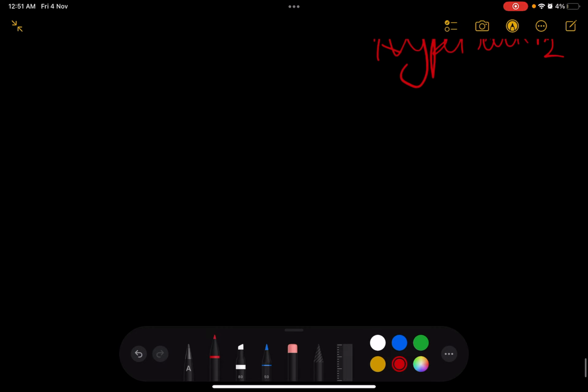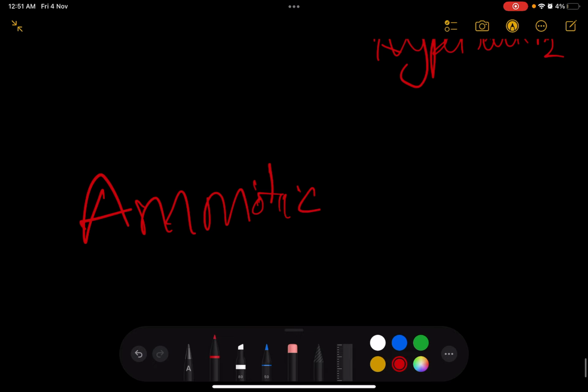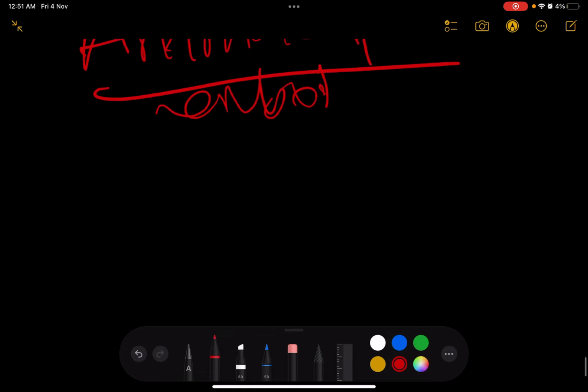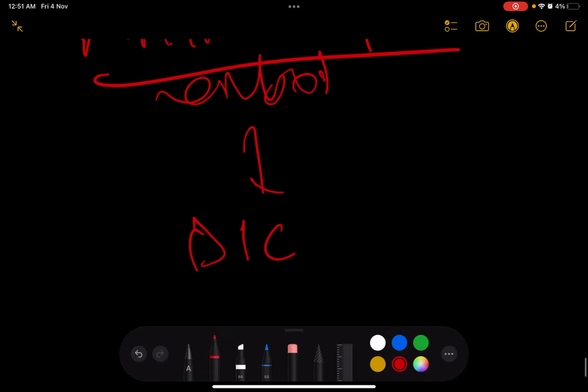And there's a very important last type of pulmonary embolism that's rare again. A rare type of pulmonary embolism is called amniotic fluid emboli. Amniotic fluid emboli can lead to DIC, disseminated intravascular coagulation.